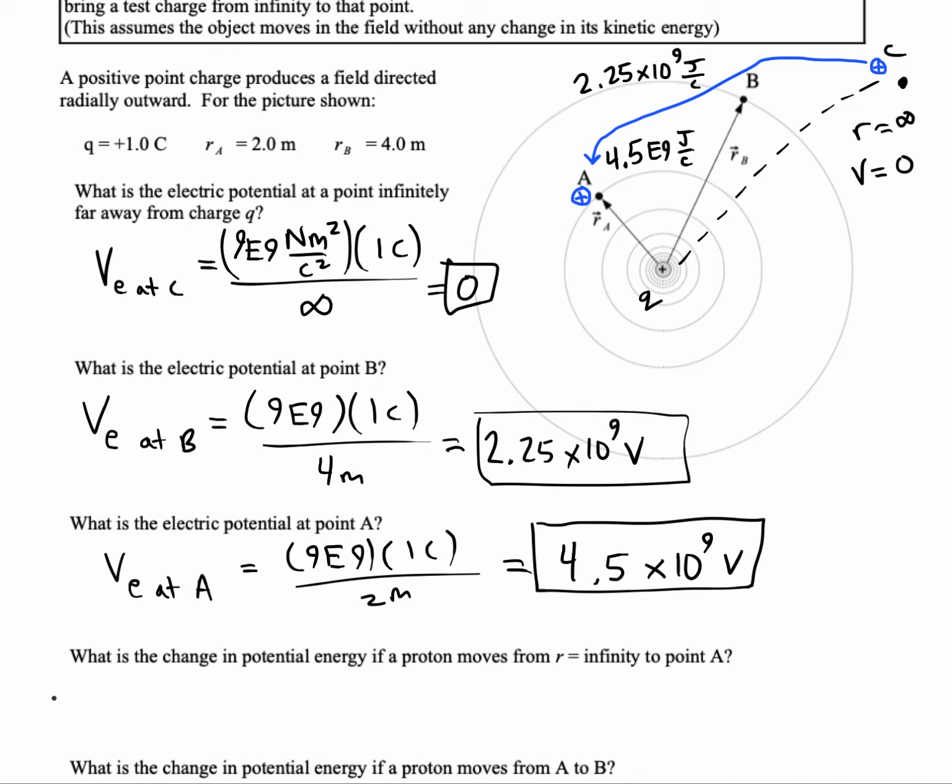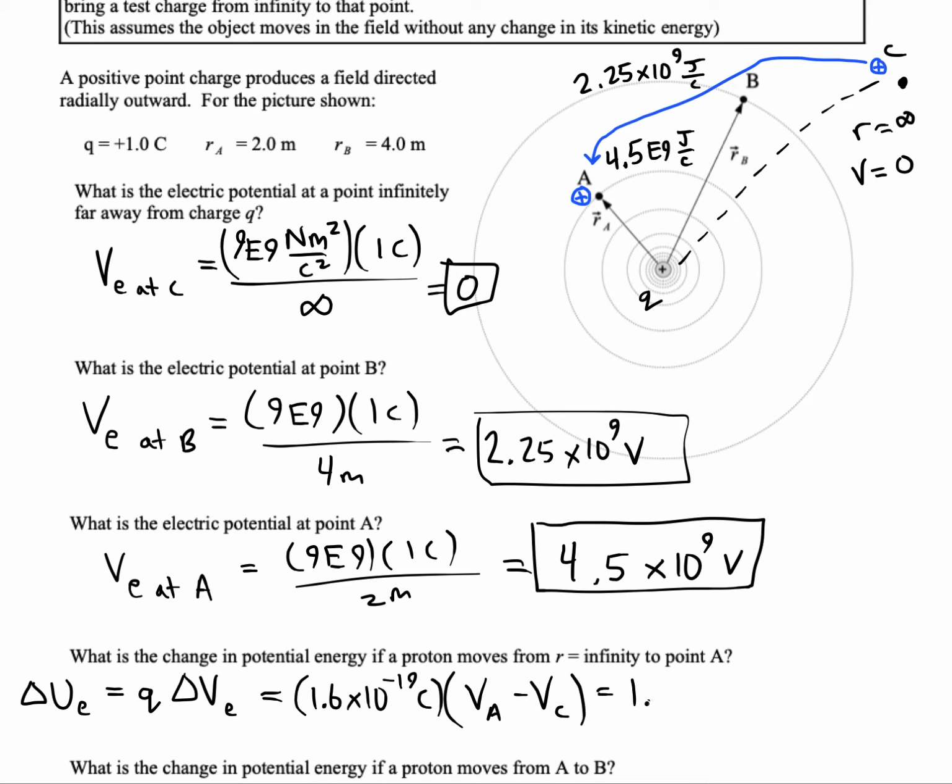Okay, one thing we can use for this is the formula delta U equals Q delta V. All right, so let's plug in the charge of the proton. And now we need the potential difference between C and A. So I'm going to do the potential at A minus the potential at C.